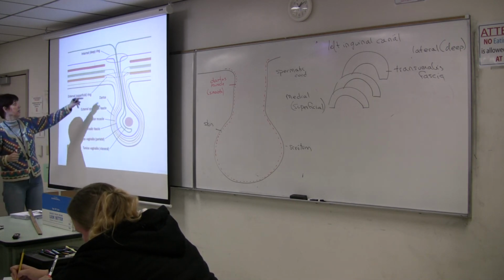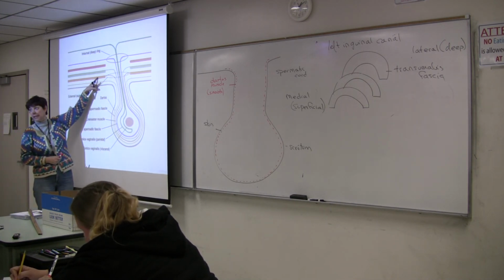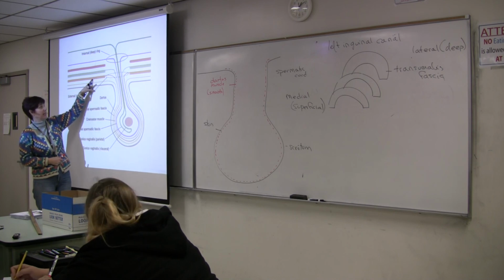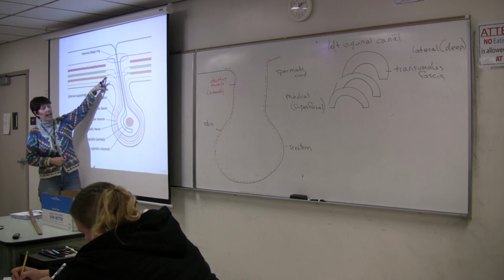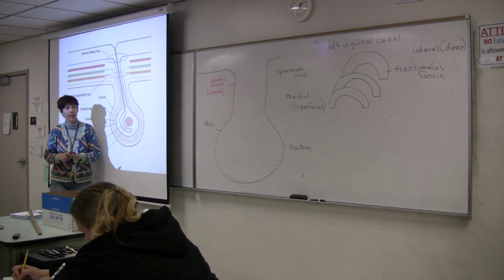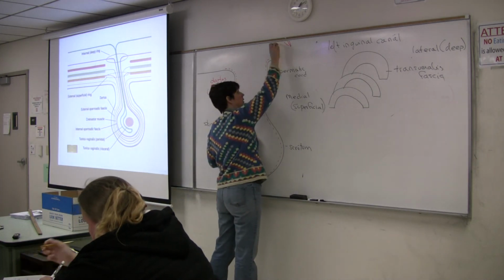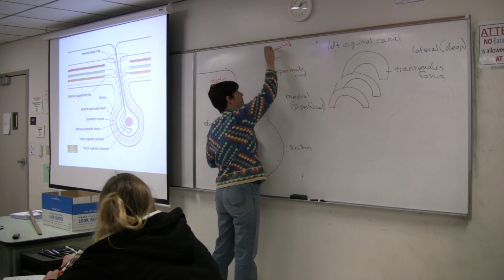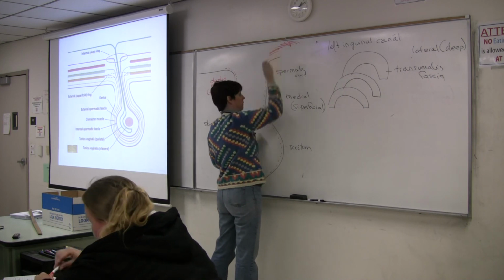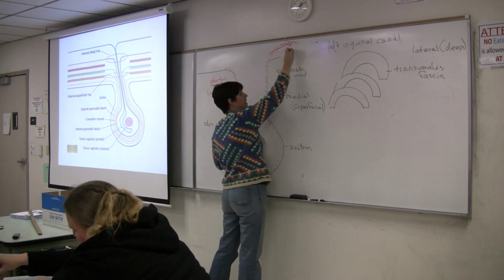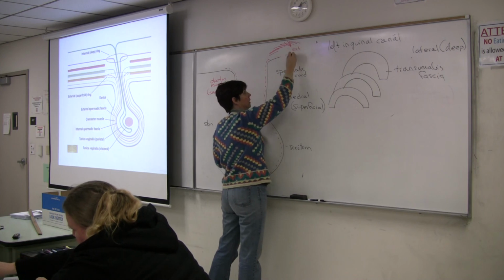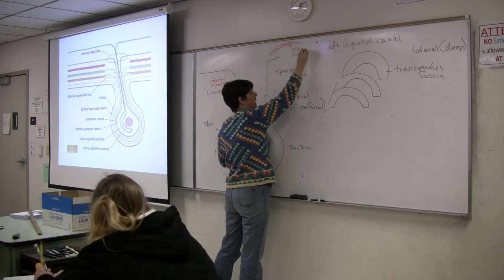Then the next layer, here's our external abdominal oblique, this thick band right here. And its fascia, not its muscle fibers, but its fascia will come down and form the external spermatic fascia. So this is the external abdominal oblique muscle.